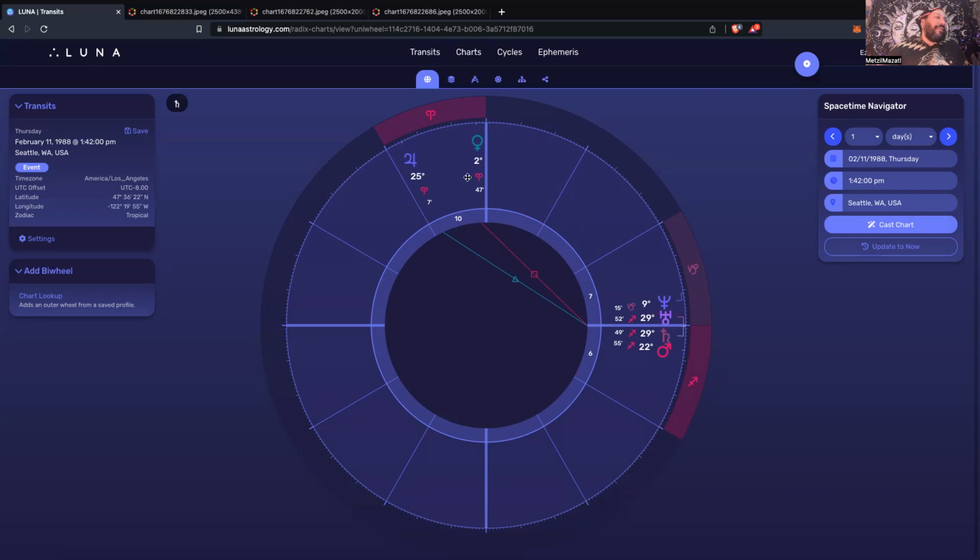I would also say that Saturn is this control or boundary that can't be crossed. So this person may experience cycles of, I wouldn't say addiction, but maybe alcohol or smoking cannabis.